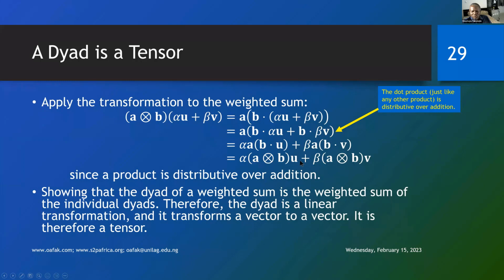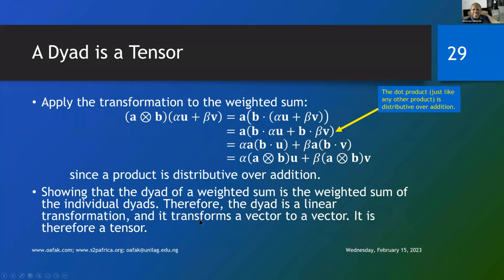If those two are equal, it shows that this transformation is linear, showing that the dyad of a weighted sum is the weighted sum of the individual dyads. Therefore, the dyad is a linear transformation and it transforms a vector to a vector. It is therefore a tensor.